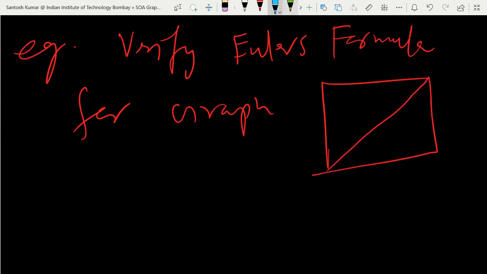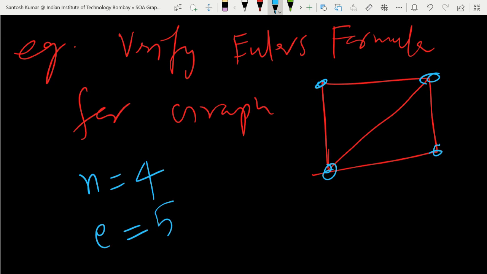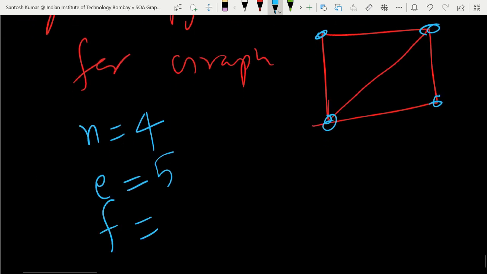So you can simply say that n here is the number of vertices, 4, e here is how many do you see? 5, and faces, 3.